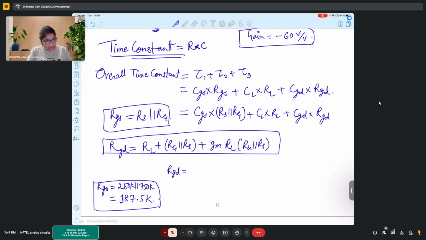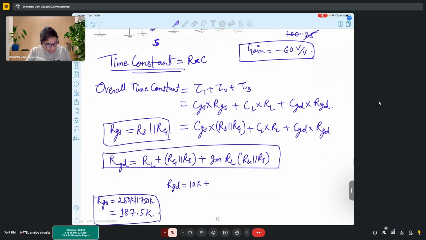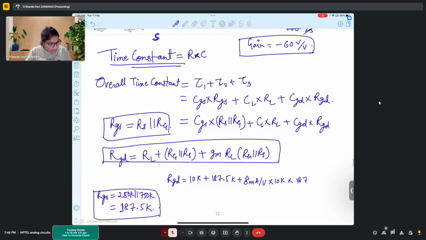Okay. What about RGD? So RGD is basically 10K plus 187.5K plus 8 millisiemens per volt into 10K into 187.5K. What is the value of RGD?